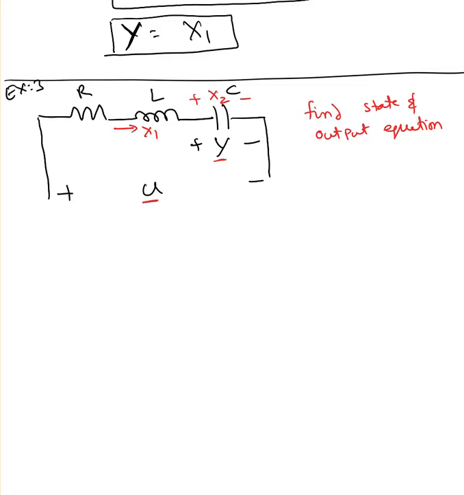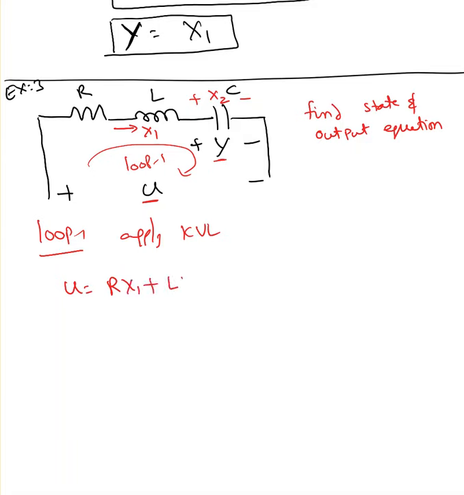Now loop 1, apply KVL. So U equal to R times x1 plus L times x1 dot plus x2.